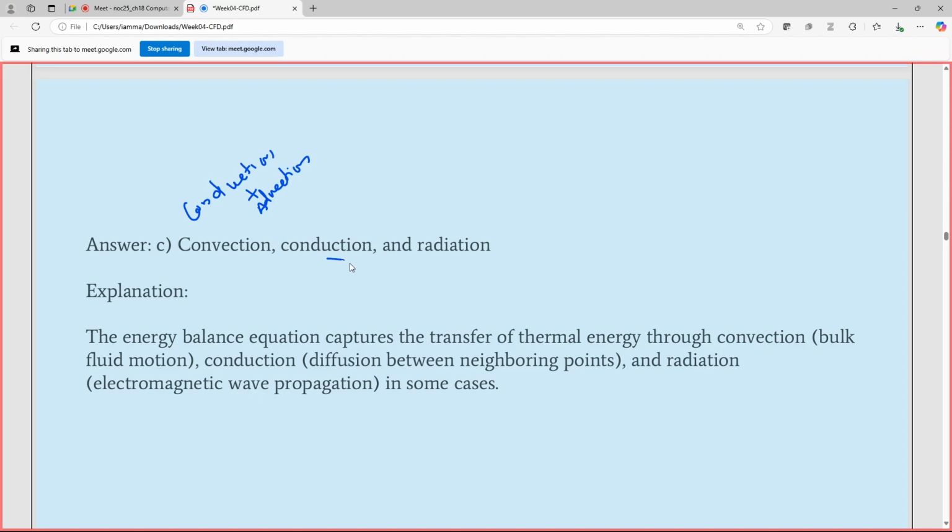And how conduction, how the energy is transferred between two neighboring points, and how it is radiated in terms of electromagnetic waves. So all these three forms of energy transfer are captured in our energy balance equation in CFD.